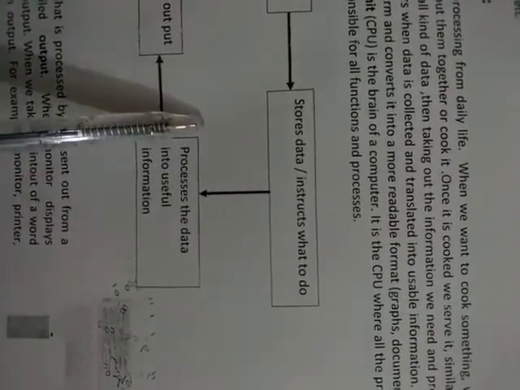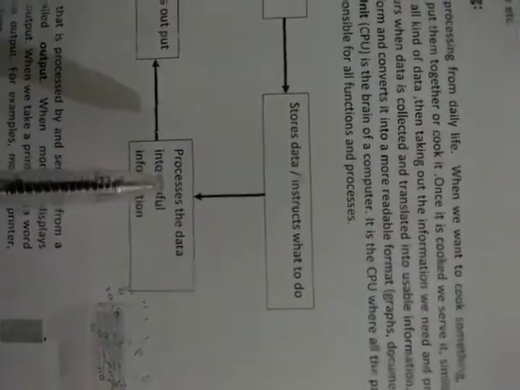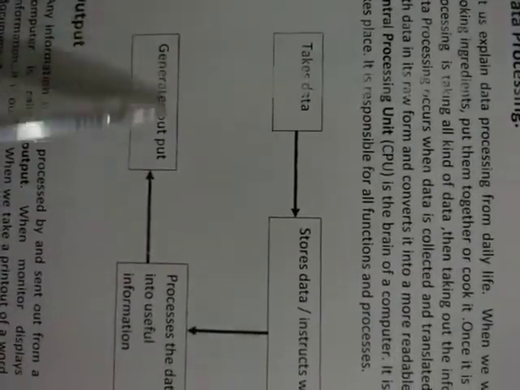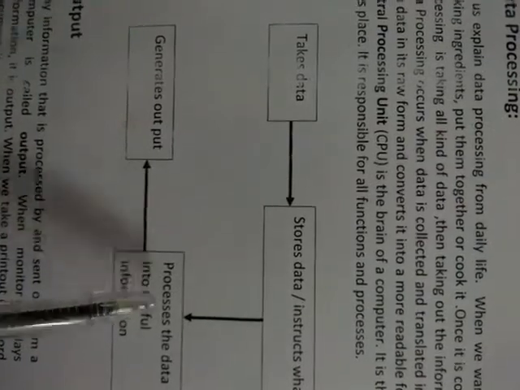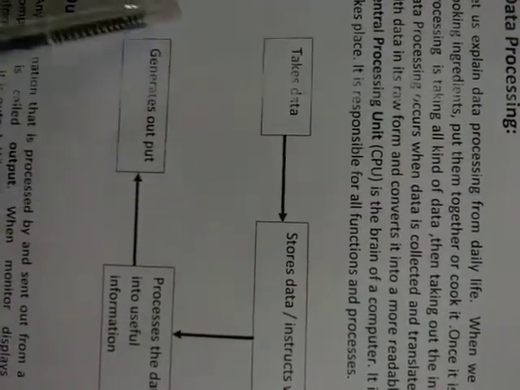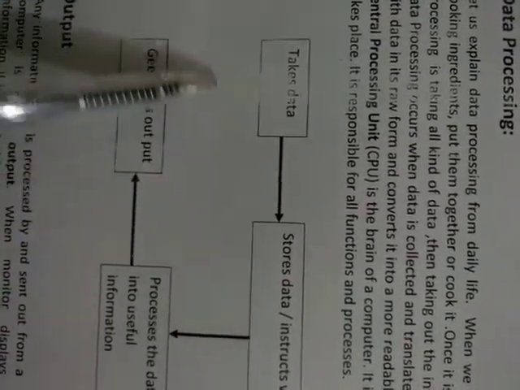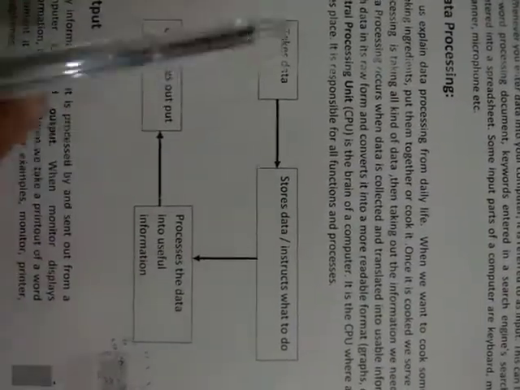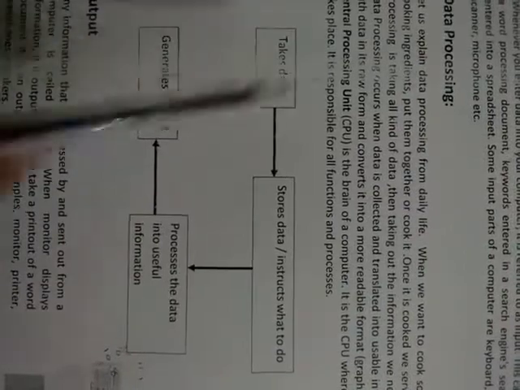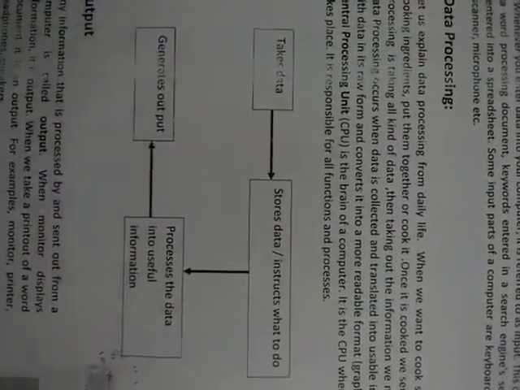This is also done in the central processing unit, and after this it generates output, and this output is shown on the screen of a monitor. So students, these are the four steps of the central processing unit and data processing.